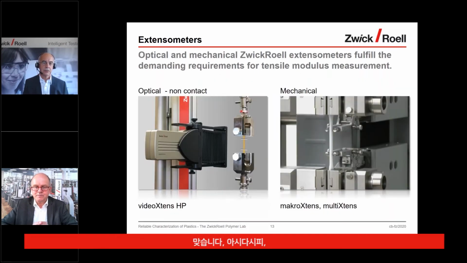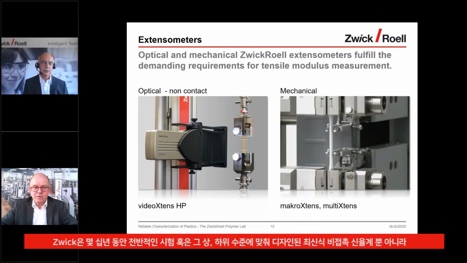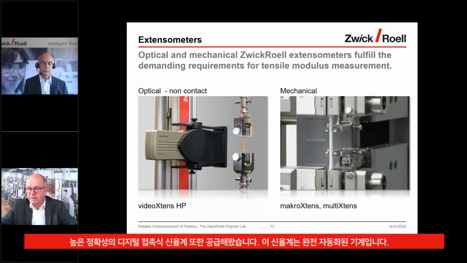Yes, Zwick has also offered high accuracy digital contact type extensometers for decades, as well as the latest non-contact extensometers, which are designed for ambient testing and below or above ambient. So these extensometers are fully automatic.